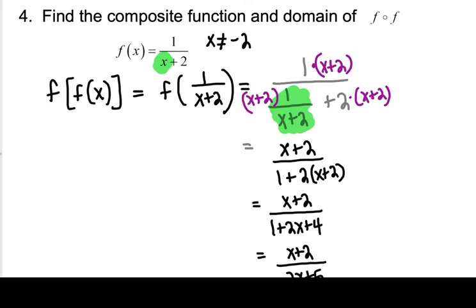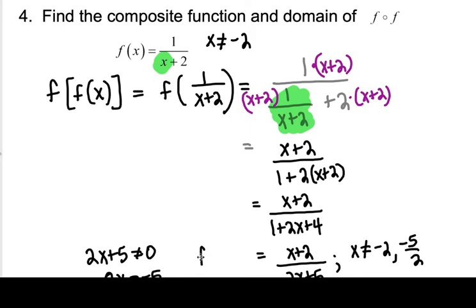My restricted domain, x cannot equal our original -2, and now it can't equal -5 over 2. We take that 2x plus 5, we set it not equal to 0. 2x does not equal -5. Divide both sides by 2, and we get x does not equal -5 over 2.